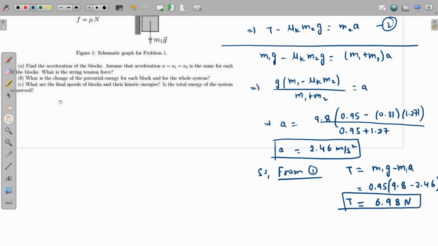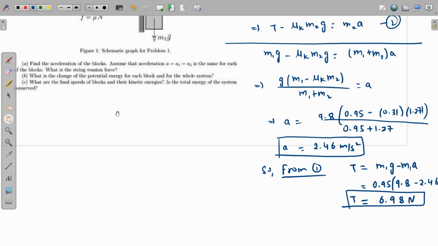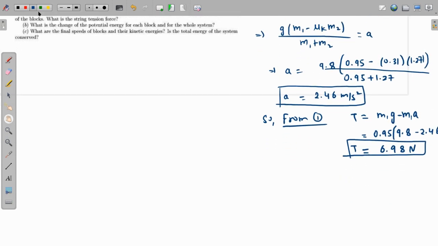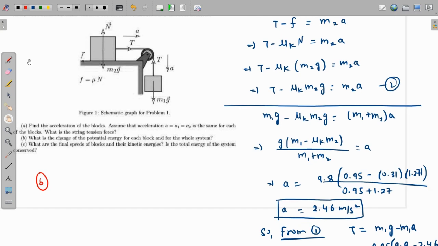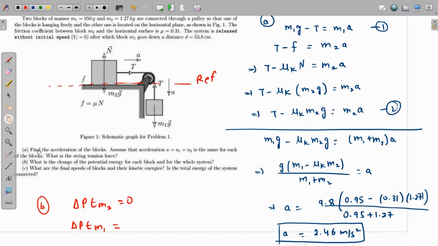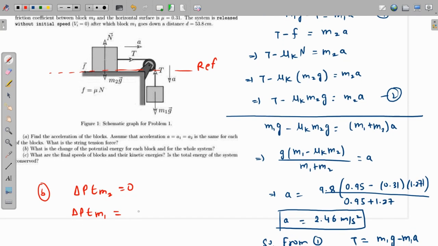Then in part B they're asking what is the change in the potential energy of each block and for the whole system. So they're only asking the change in the potential energy. Remember that mass m2 is always on the surface. So with respect to this reference, the change of the potential energy for m2 is 0 because it is not changing height. But for m1, definitely there is a change because it goes down by 53.8 centimeters. So its final potential energy will become minus m1 g h, and initial is anyway 0 because it is at the reference.